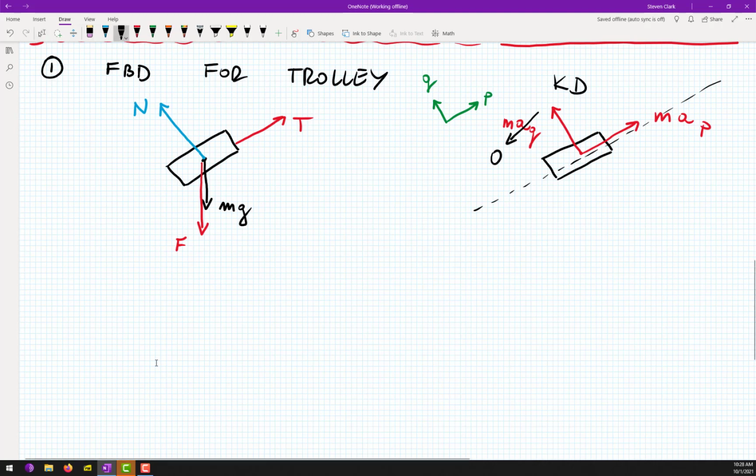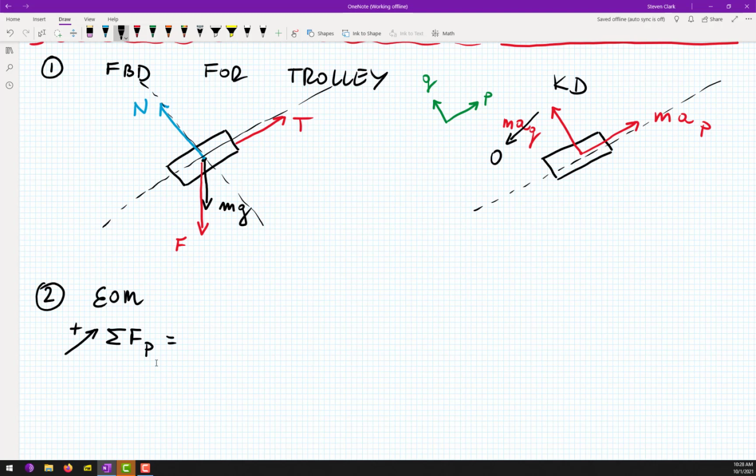Okay, we are done with our FBD and KD. So the next step is EOM again, equations of motion. Let me write the sum of forces along the P direction. And we decided that P positive is this direction. But before doing that, we already see that we have T acting along this direction. But we need to do some projections, yeah?